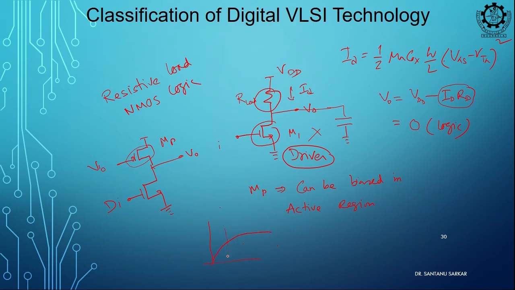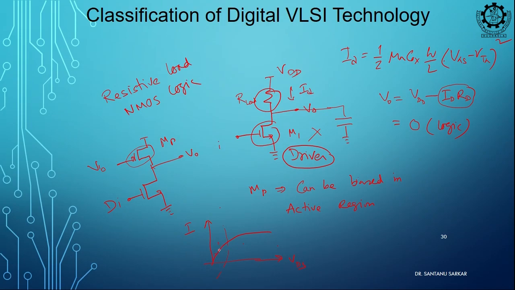In this zone, this is your I, this is your VDS. If you take an inverse of that, you get this slope.